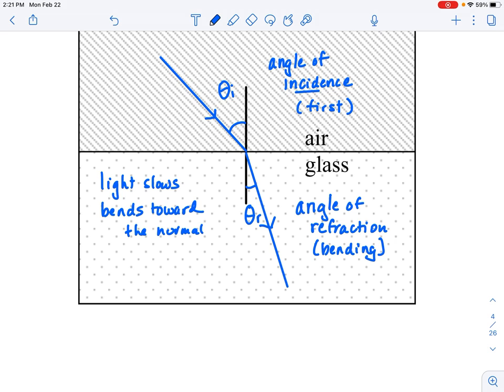Now, it's also true that if the light were to go the other way, so if I were to send a beam of light going this way, in the opposite direction, it would bend away from the normal when it speeds up.